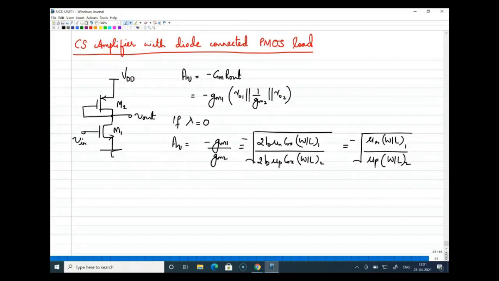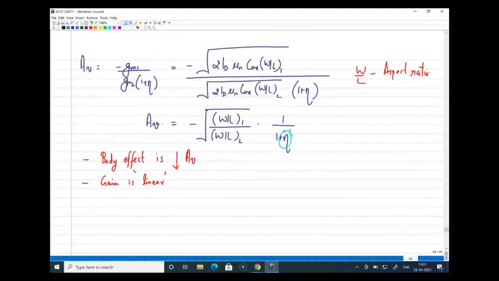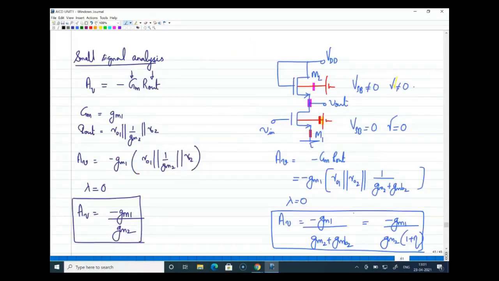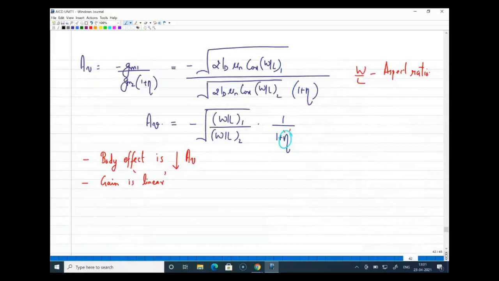Now, let this be the voltage gain formula: the square root of mu n W by L of 1 by mu p W by L of 2. If I compare with yesterday's expression, yesterday both were NMOS devices, so the mu and Cox terms were getting cancelled, but today that is not the case.